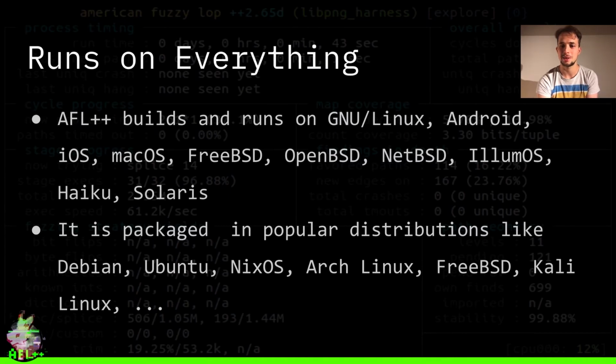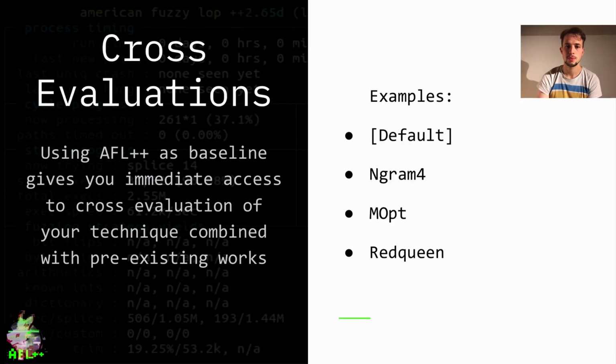Unixoid system. Coming back to what we call cross evaluations. This is the main point that AFL++ allows you to do: you can use any of the implemented features together with each other.